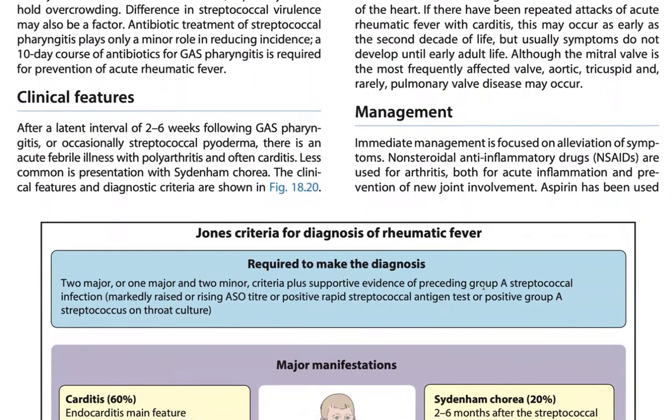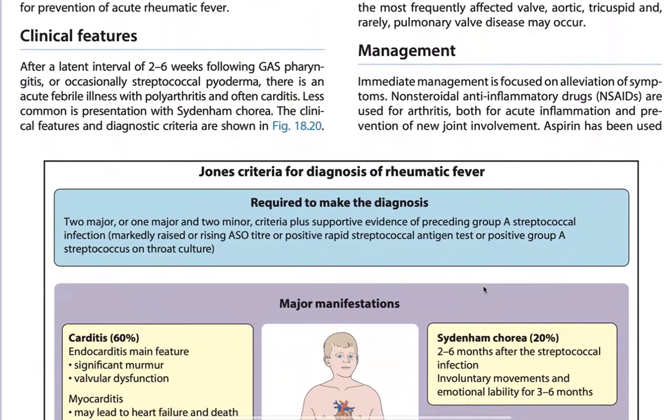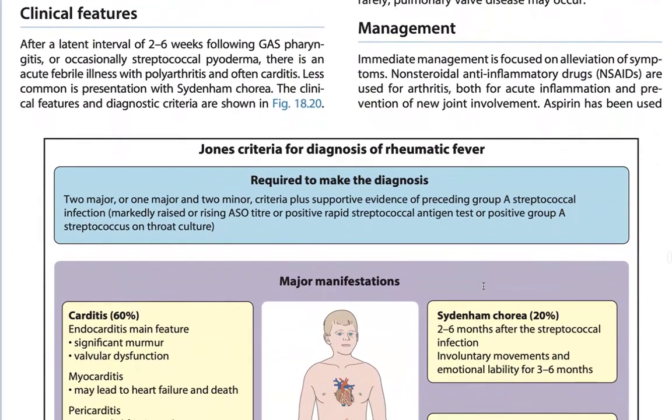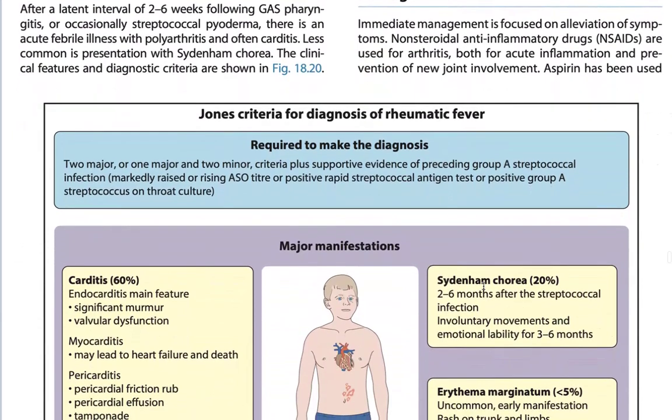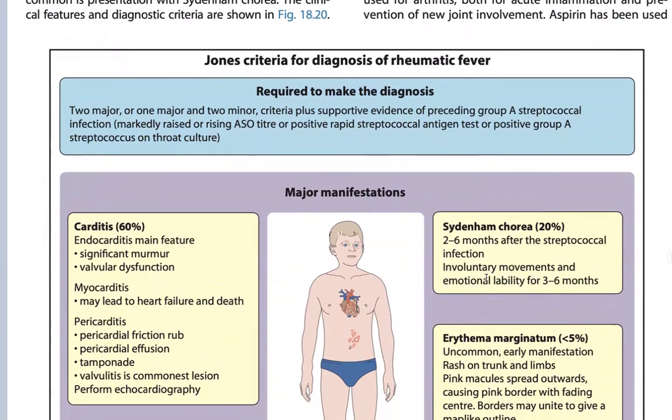Many forms of penicillin are used for prevention, assuming the need, the Jones criteria have the very important things.